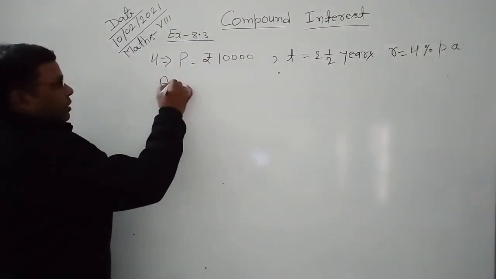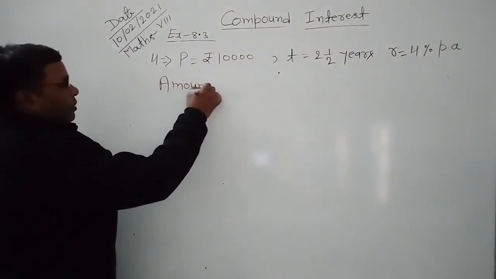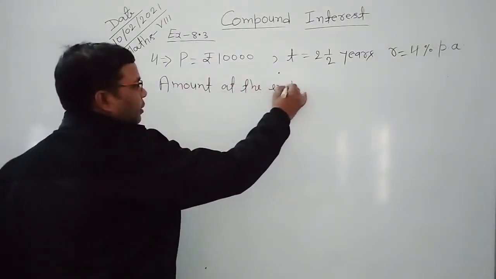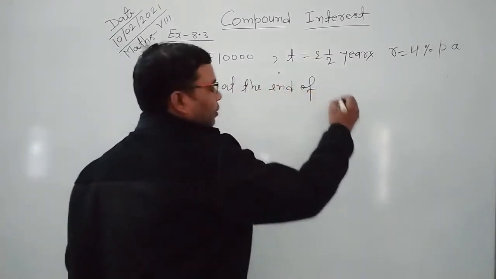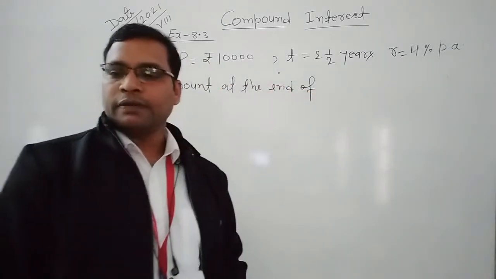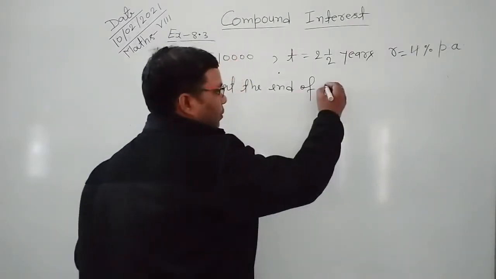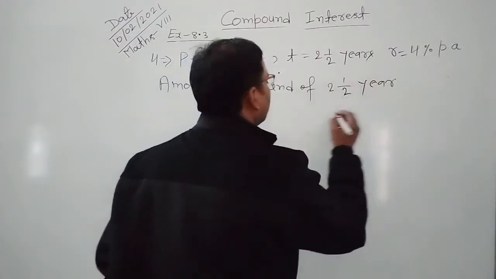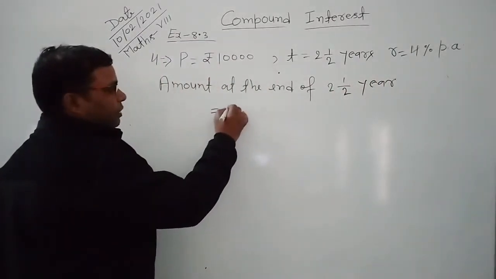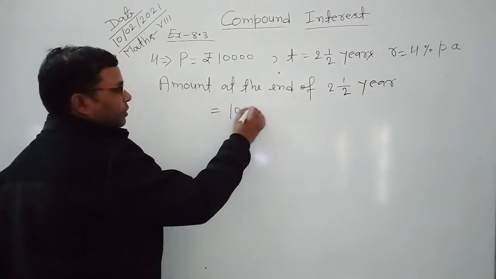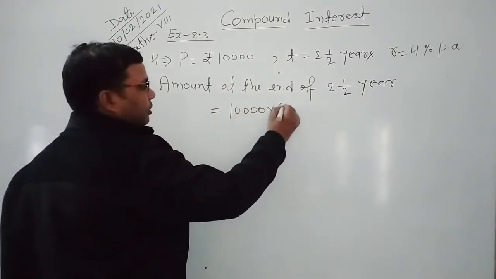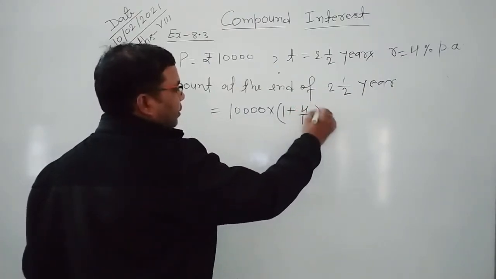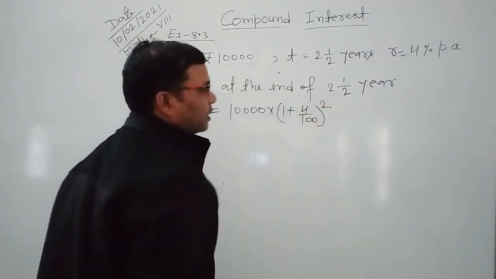Amount at the end of 2.5 years is equal to, first we write the principal, 10,000 rupees, into 1 plus rate 4/100, to the power of 2 years.